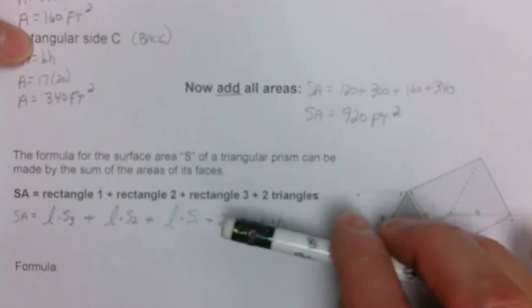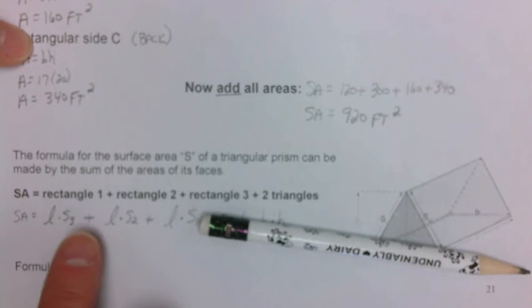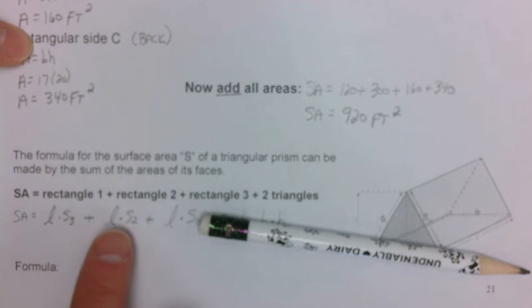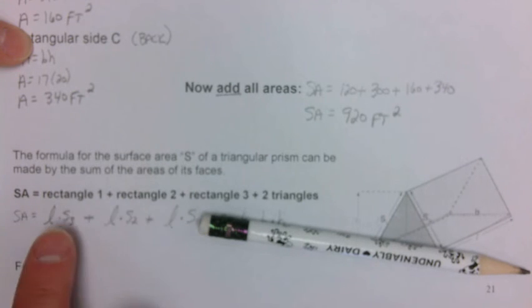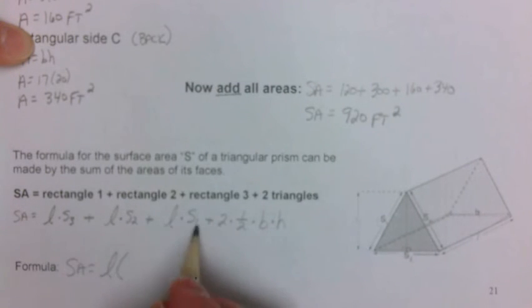If I look at just the rectangular faces, notice that each face involves measuring with the length. If I factor the length out of this part of the formula, surface area is going to equal the length times the sum of S1, S2, and S3. S1 plus S2 plus S3.